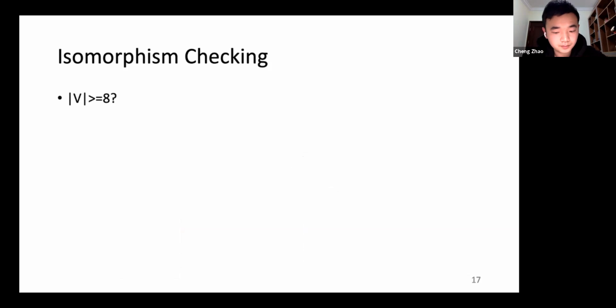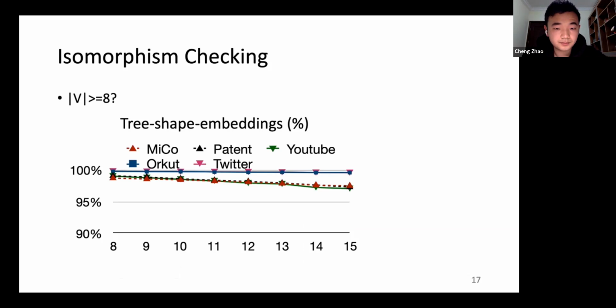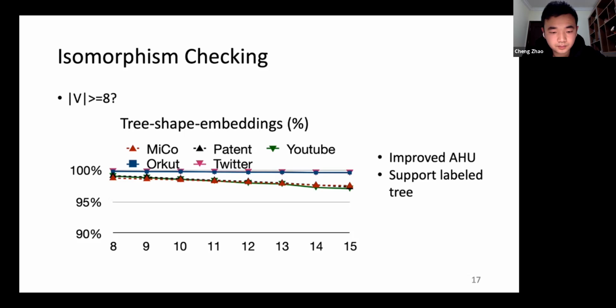What about larger graphs? We find that tree-shaped embeddings in the exploration hold a majority, even more than 95% in this dataset. The efficient classic algorithm AHU determines tree isomorphism in O(n) time, and we improve it to support labeled trees.